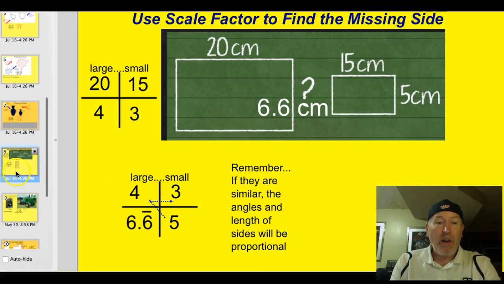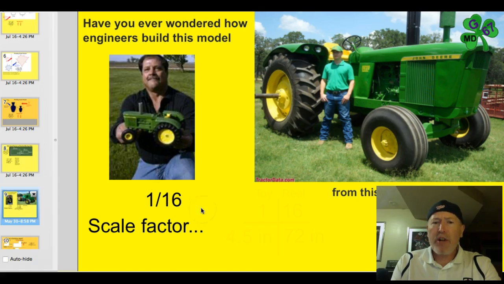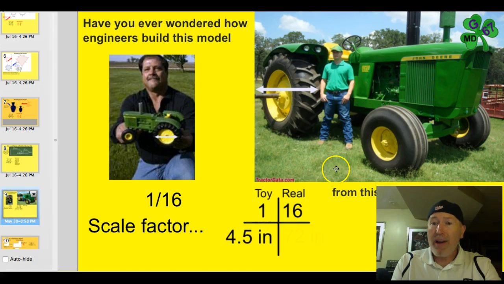All right? Let's go back to that John Deere tractor question. Remember this one here? Well, let's say that we wanted to find the measure of this wheel here. I told you I had that tractor, so I went down to the basement, dug it out, and I measured it. The measurement of that wheel is 4.5 inches. So I set up this ratio proportion box. I know that the scale of that tractor was 1 to 16. Remember I told you that? So the toy to the real is 1 to 16.